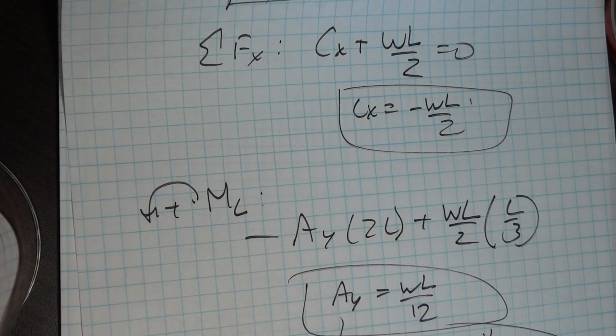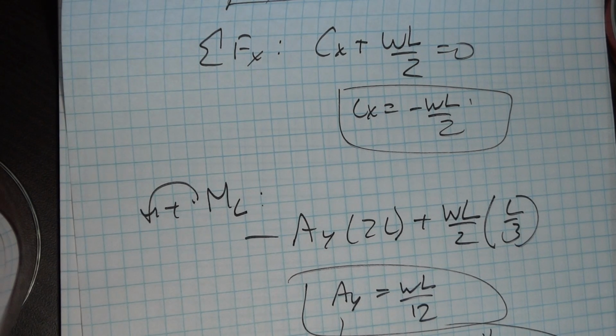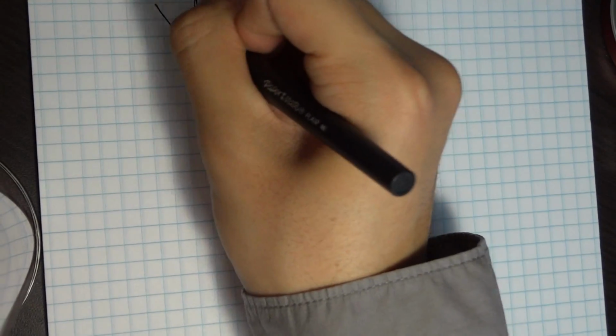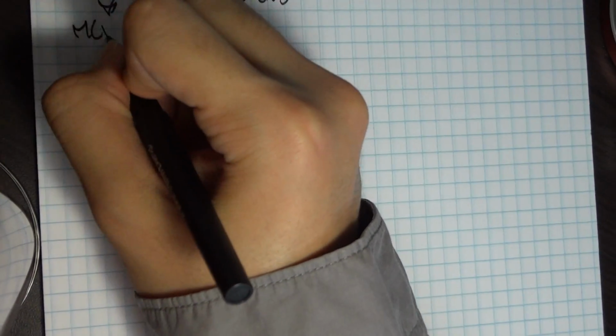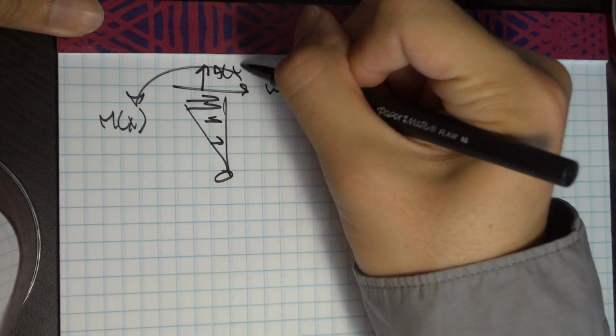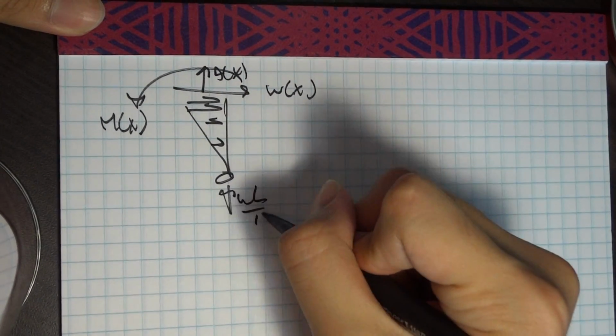I skipped a couple steps for you guys, but it'll be good for you to fill in the blanks. Once we have our reactions, we can make a cut, and we can go something like this. Note that in this problem we actually do have the axial load.